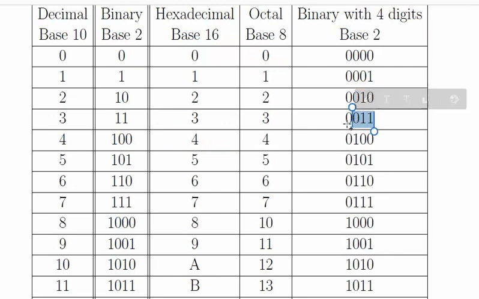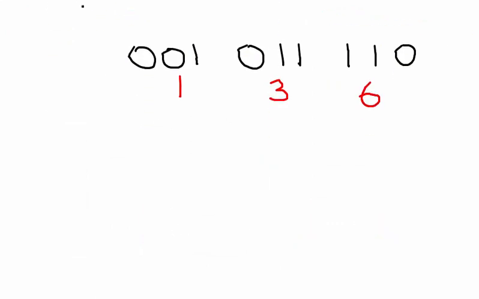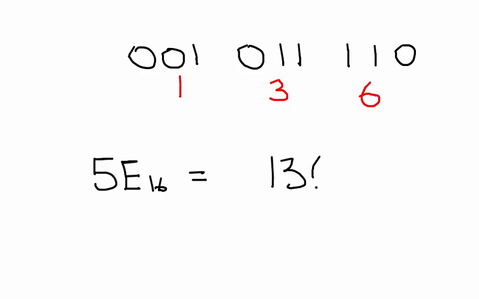You can ignore the first 0 there. We just look from the right hand side, just look at the 3 digits there. That's 3. And then finally 1 there. So the answer is 5E in base 16 is equal to, I'll just concentrate on the octal number there, 136 in base 8.